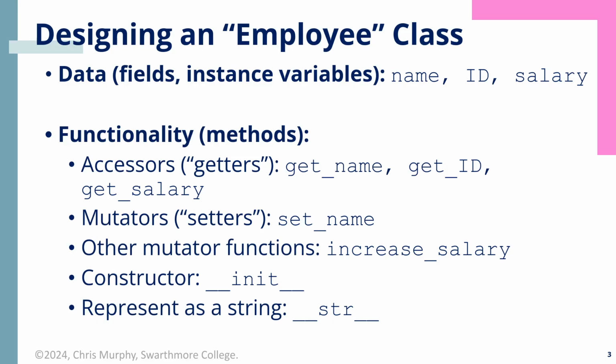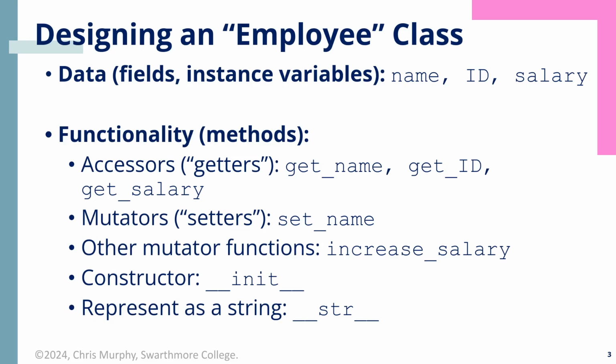So in my code, I'm going to be able to create an employee where I have a constructor, which is the name of the class, and I pass it some arguments. And we are the ones creating the employee class, so the order of the arguments to the constructor can be whatever we want.